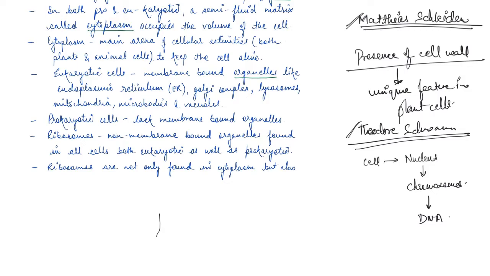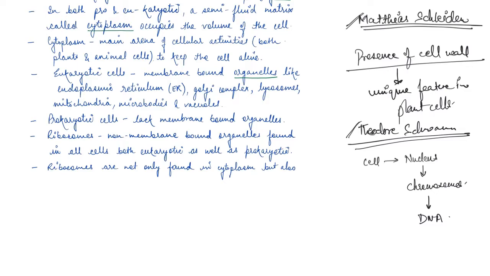In the same way, animal cells contain other non-membrane bound organelles known as centrioles. These centrioles help in cell division, right? So each and every organelle present inside the cell is very important for the functioning of the entire cell. Now, these different types of cells can vary in size, right?